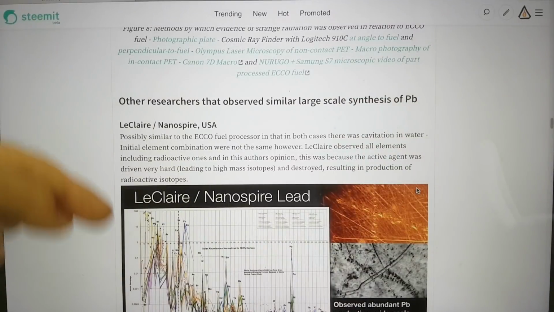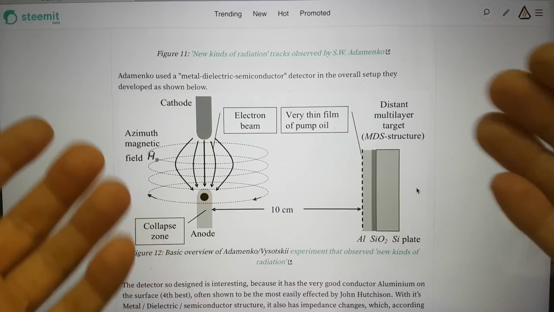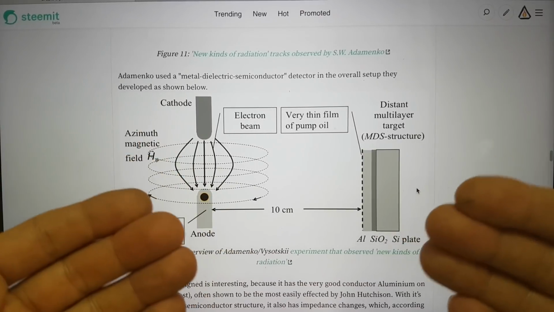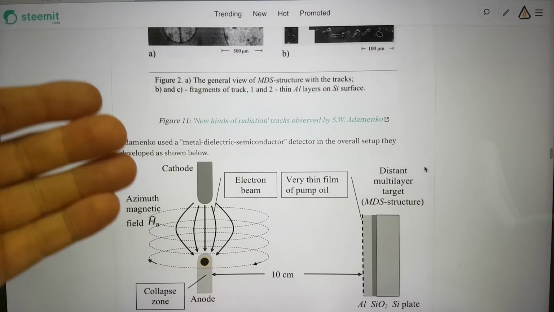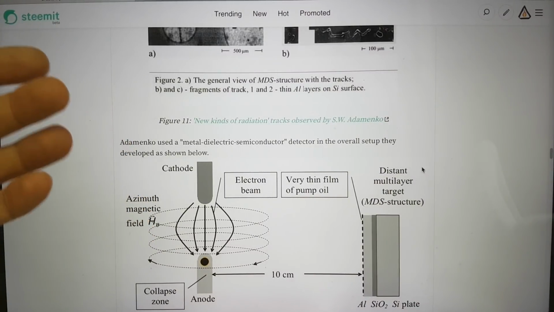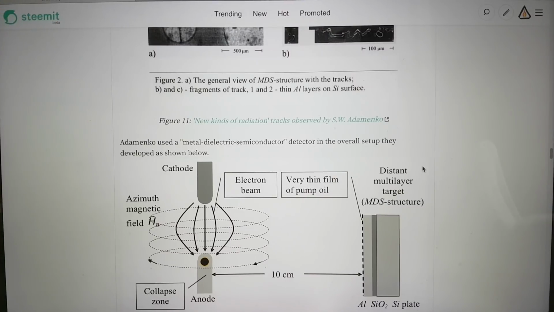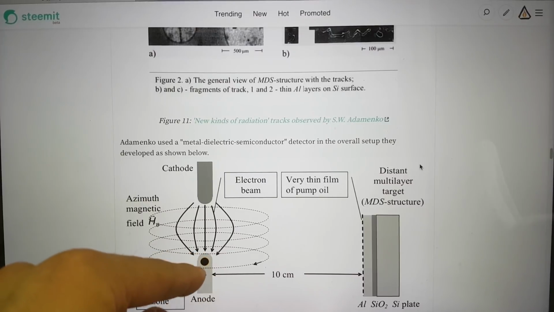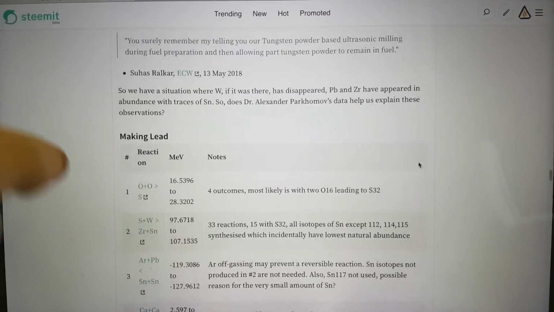So this is an order of extremeness in terms of synthesizing the active agent and forcing it to do work. In the case of Adamenko, he produced super heavy elements, transuranics, and elements that don't even exist in our solar system, galaxy, or near universe. So he was definitely pushing it towards the limits.